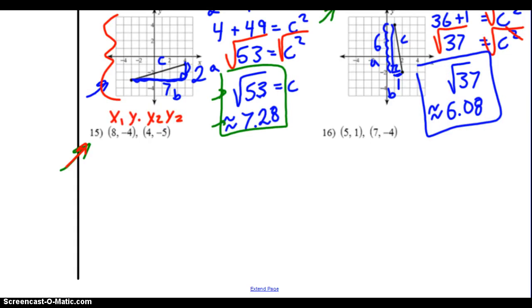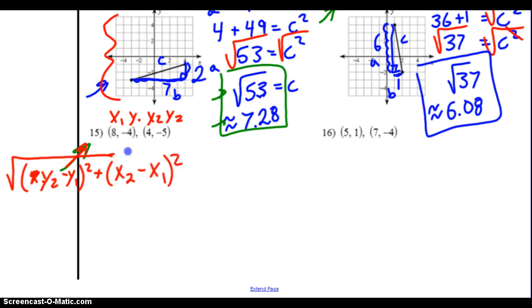And then remember the formula is the square root of y2 minus y1 squared plus x2 minus x1 squared. And all we've got to do is plug our numbers and simplify. So y2 is negative 5, y1 is negative 4 squared, plus x2 is 4, x1 is 8 squared.